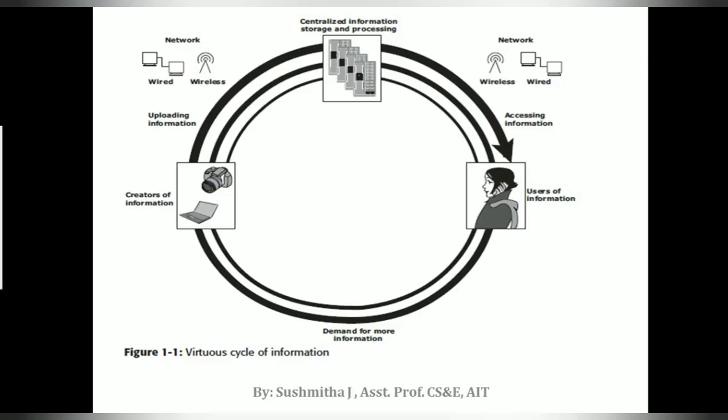Now, what is the demand of data that is happening? The data, or the information, is in this virtuous cycle, where there is a creator creating the information, and that is loaded to a server or the data storage, and again there is another user who uses that information or who demands that information.